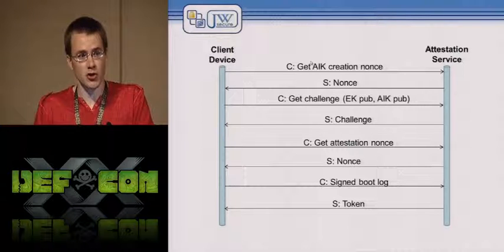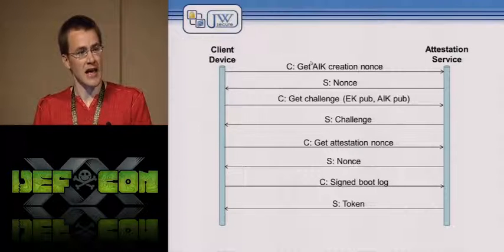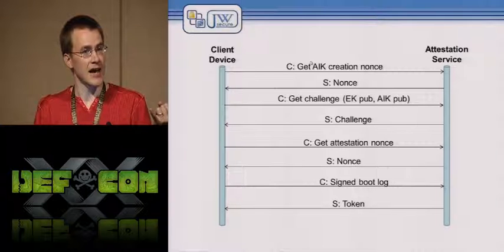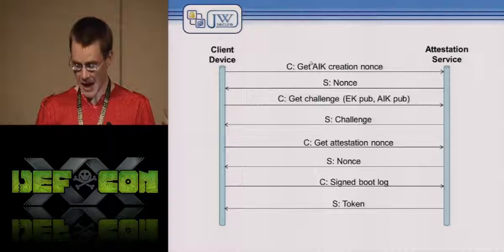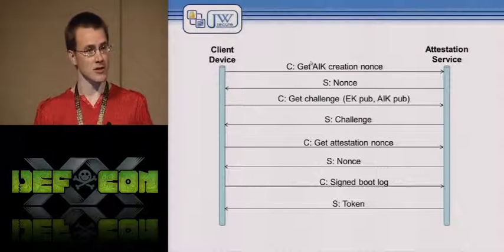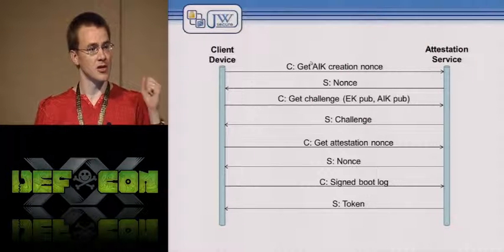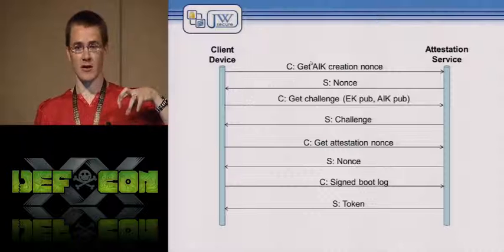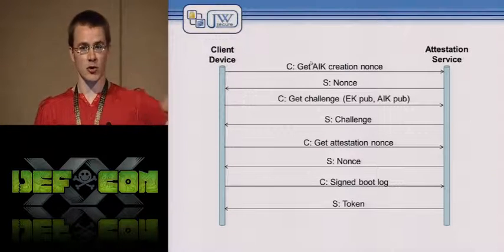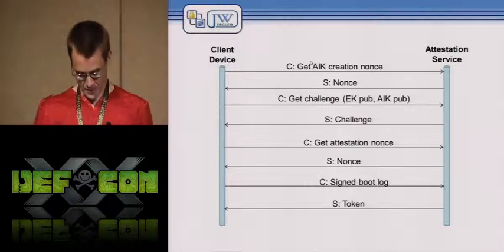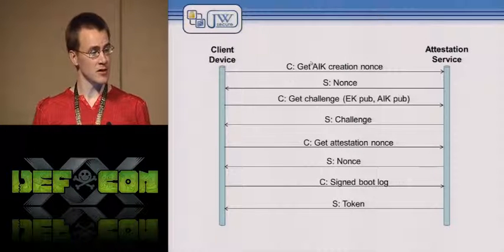The way that the server is going to ensure that A, this is a new attestation key, and B, that it actually is an attestation key bound to this TPM and not in software somewhere, is it's going to encrypt the certificate for the attestation key, this new certificate that the service is sending back. It's going to encrypt it so that only a TPM can decrypt it using its endorsement key.